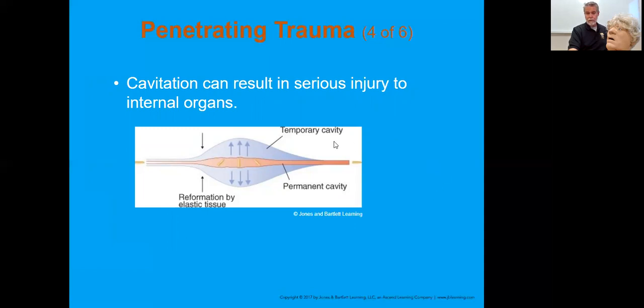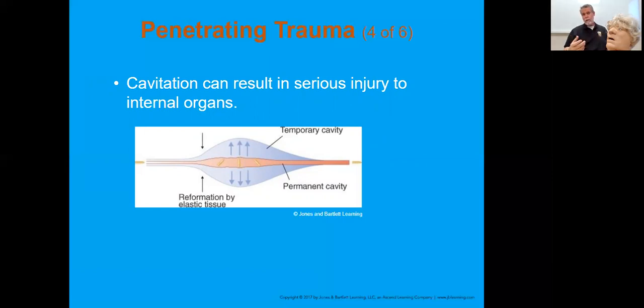Cavitation: there are two different types, temporary and permanent. The temporary cavitation is a larger or wider area versus the permanent. The permanent is simply that structure itself, but as that force is applied, it'll have that separation of the tissue. It's a temporary cavitation, but it still can do more damage to the underlying tissue and increase the bleeding if it were going through an organ.